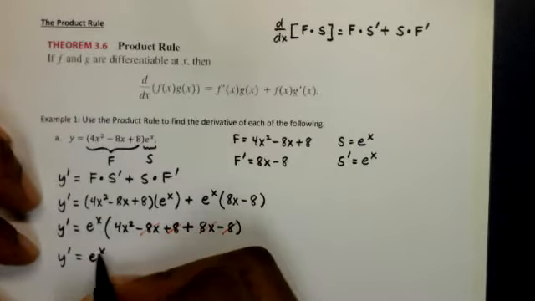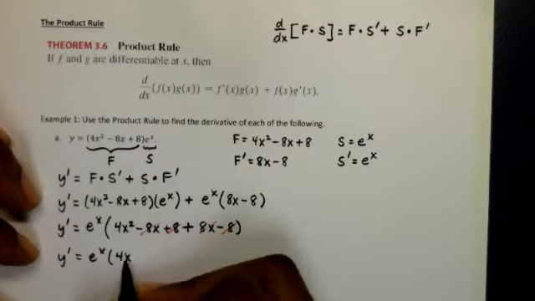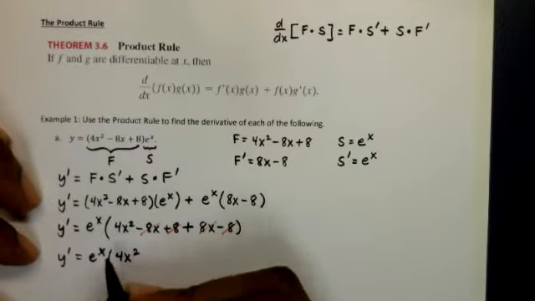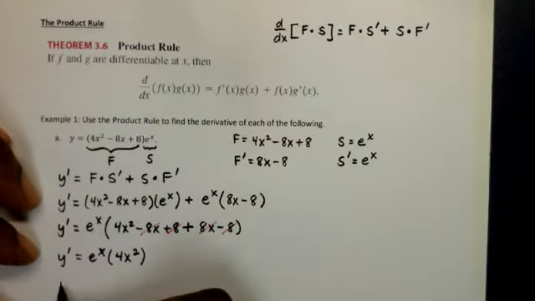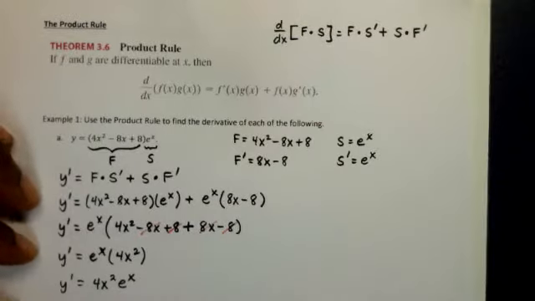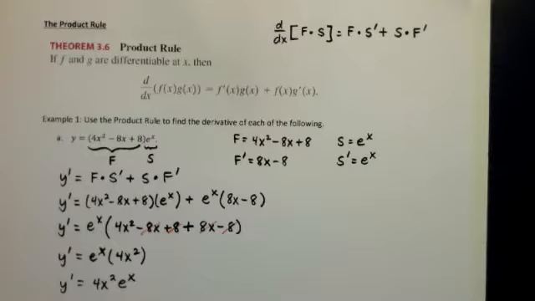So I have e to the x times 4x squared. And by the way, if I put the 4x squared in front, this will be my final answer for y prime, or the derivative of this function. Y prime would be equal to 4x squared times e to the x.